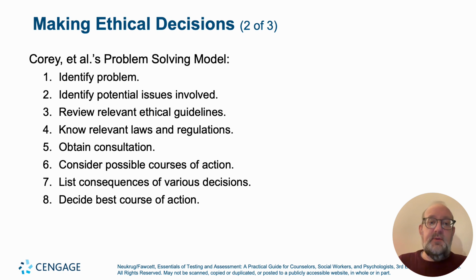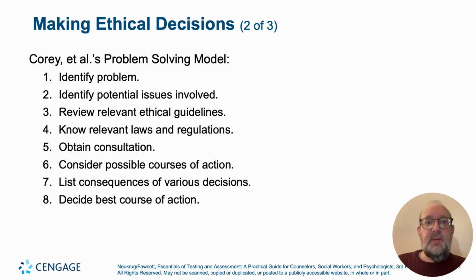The problem-solving model is an 8-step process. Step 1, we identify the problem. Step 2, identify the potential issues involved. Step 3, we review relevant ethical guidelines. Step 4, we know the relevant laws and regulations.